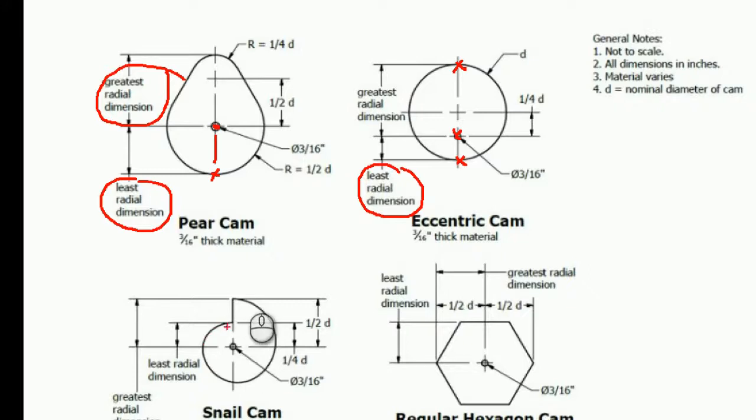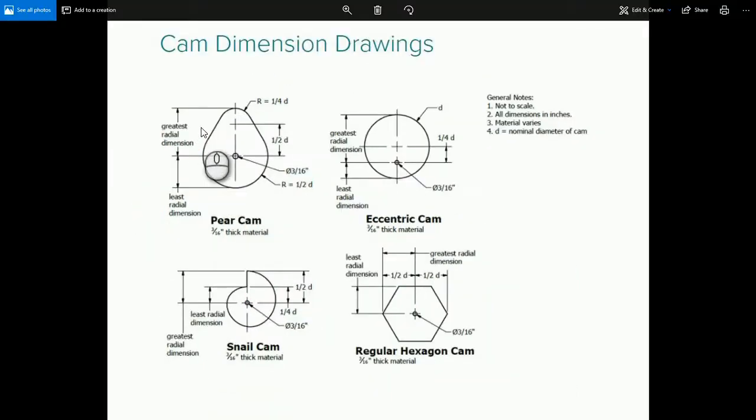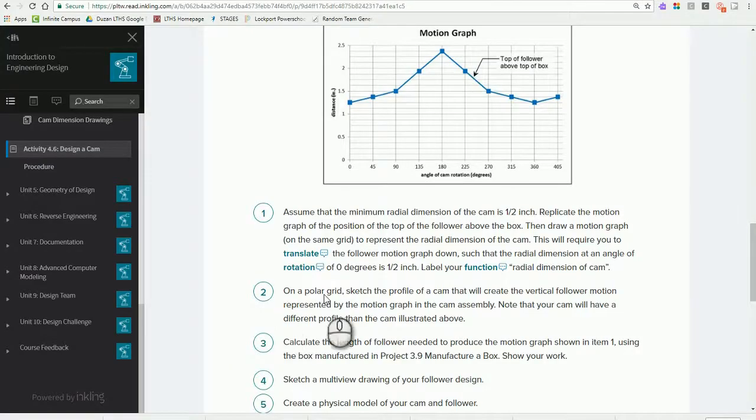Snail cam, this point to this point, and your greatest would be from here to here. With the regular hexagon, this would be the least radial dimension from here to here, and your greatest radial dimension would be from here to here. So just as a little vocab lesson on what that actually means, you just saw examples of it. Okay, so with that said, jumping back into the curriculum, let's see what we have to do here.